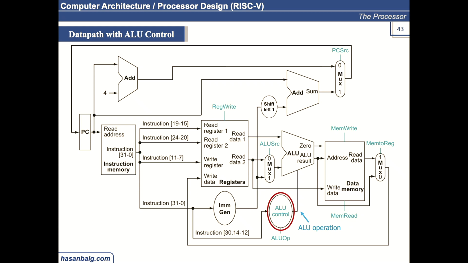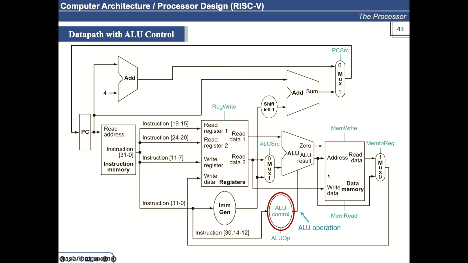You need to remember why we are having bits 12 to 14 and the 30th bit. I have already explained why the other bits in the func3 and func7 fields are insignificant, and we do not need them for comparison to decide what operation to perform in the ALU. Understand? Any question?